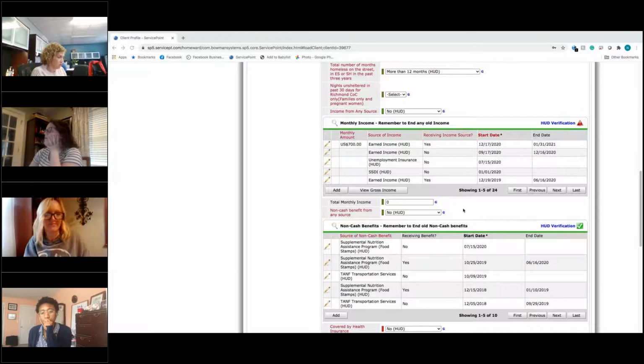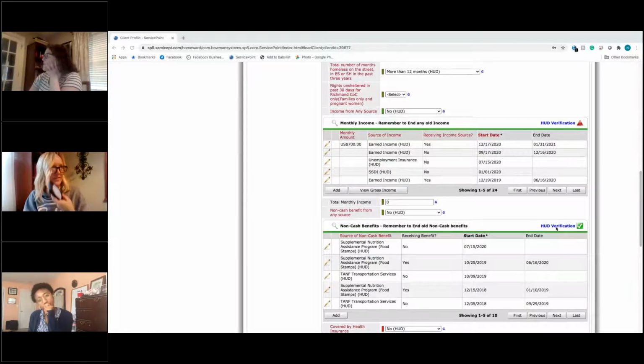And so how we want to go about that is using these HUD verification buttons. The instinct is always to use the add button. I'll just add what their income is and the question will be answered, but HUD actually makes us make sure that there is an answer for every question.